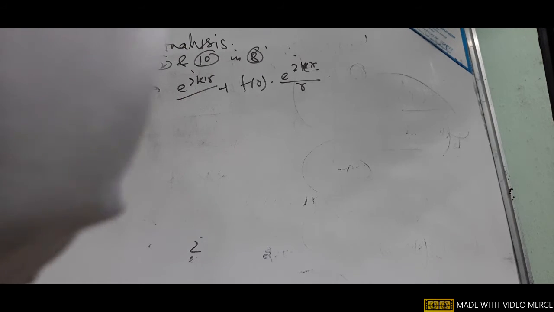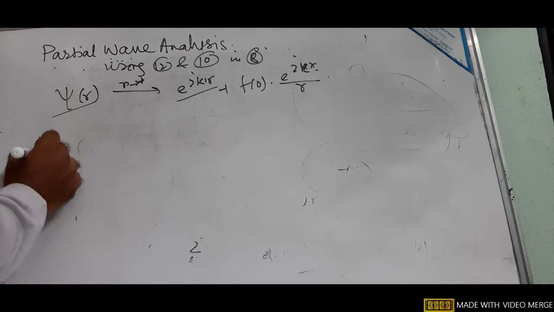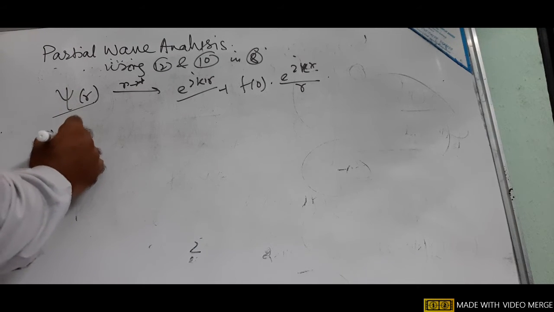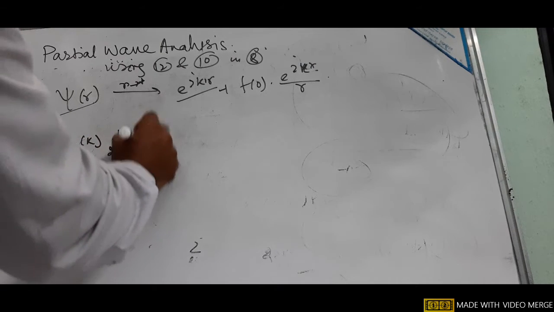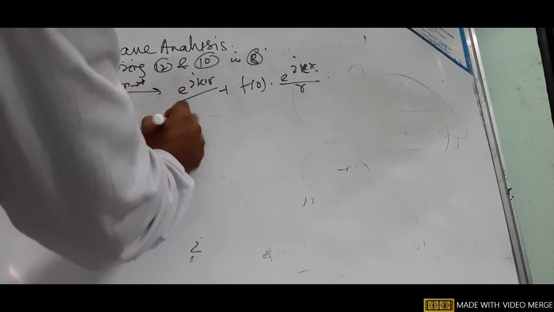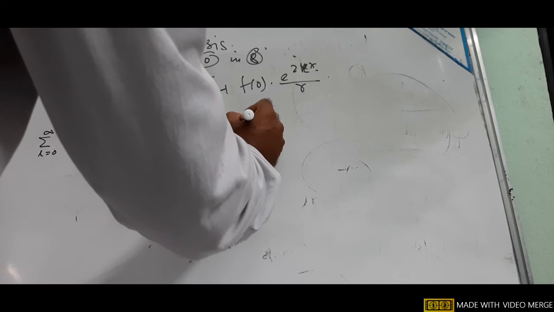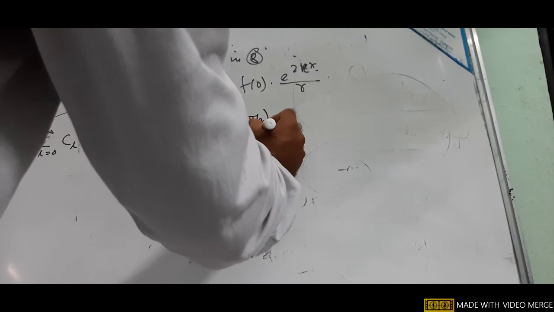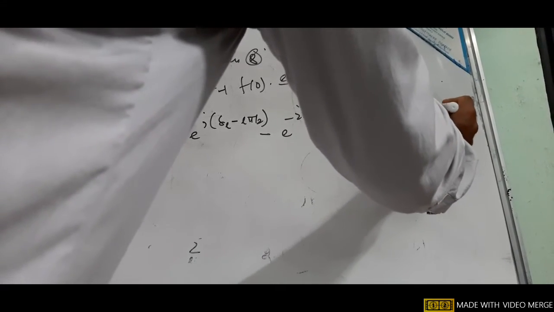So therefore psi(r) is equal to the summation L equal to 0 to infinity of C_Lk 1 by 2ir e to the power ikr into e to the power i(delta_L - L pi by 2) minus e to the power minus ikr e to the power minus i(delta_L - L pi by 2) into P_L(cos theta).